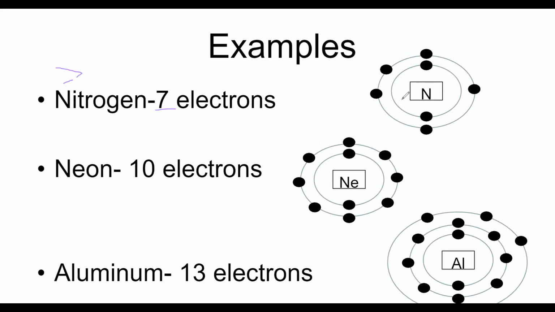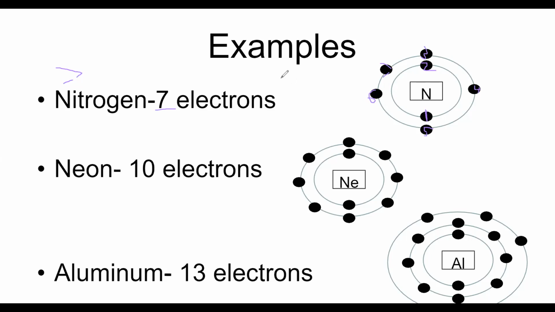I've got our nitrogen nucleus right here in the middle. We've got electrons 1 and 2 right here, but 2 is less than 7, so we gotta still keep going. Electrons 3, 4, 5, 6, and 7 are gonna go on the second shell.